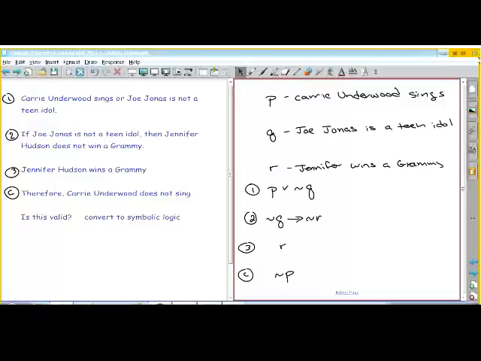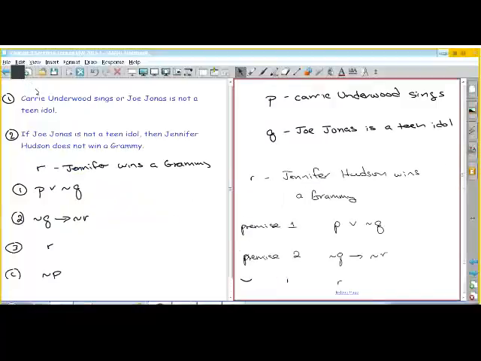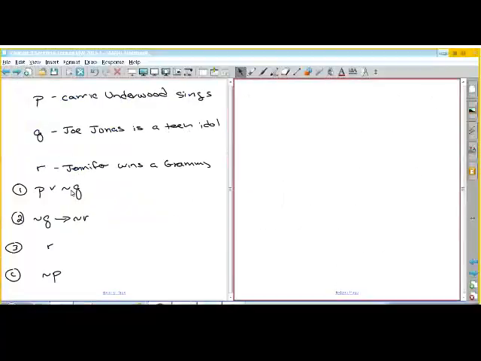So next we're going to create a logic statement that involves all four of these. What it says is you take each premise and you connect those to each other with an AND. So I do the first premise and the second premise and the third premise.